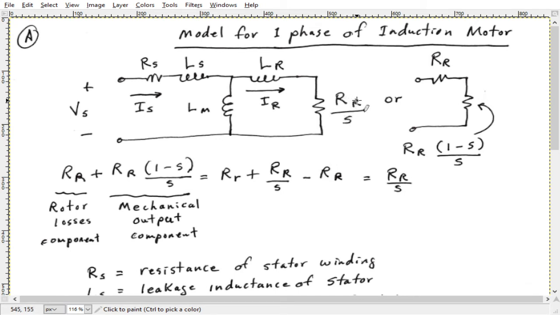You're taking RR and dividing it by 0, so this would be infinite. So at synchronous speed, if it were able to get that speed, you would have a very, very large resistance here, and that means this would be open. There would be no current flowing through here. Under that situation, all you have is the current flowing through RS, LS, and LM.